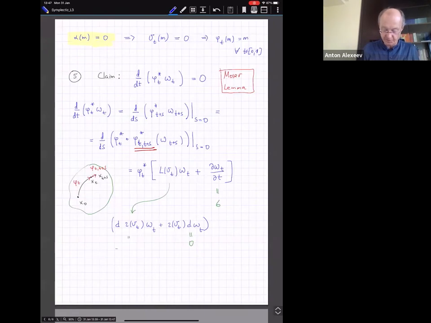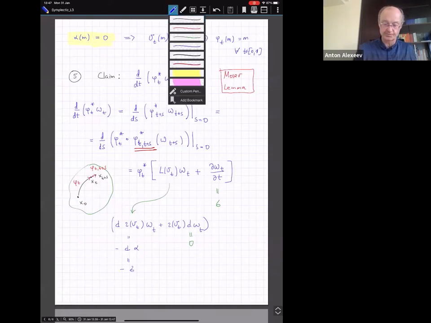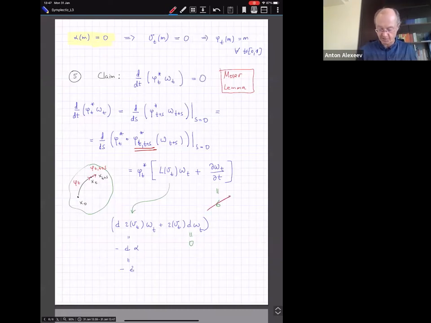So this is equal to minus d of alpha, and this is equal to minus sigma. Now, this sigma and this minus sigma cancel out, and this is equal to 0, which is, of course, very good.